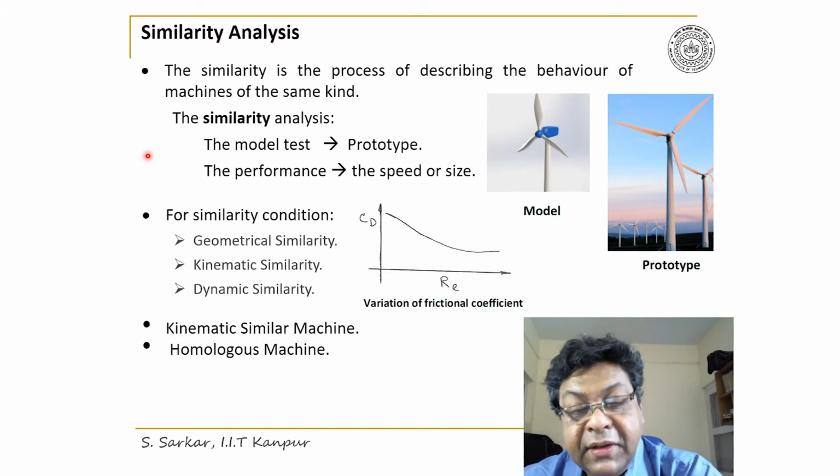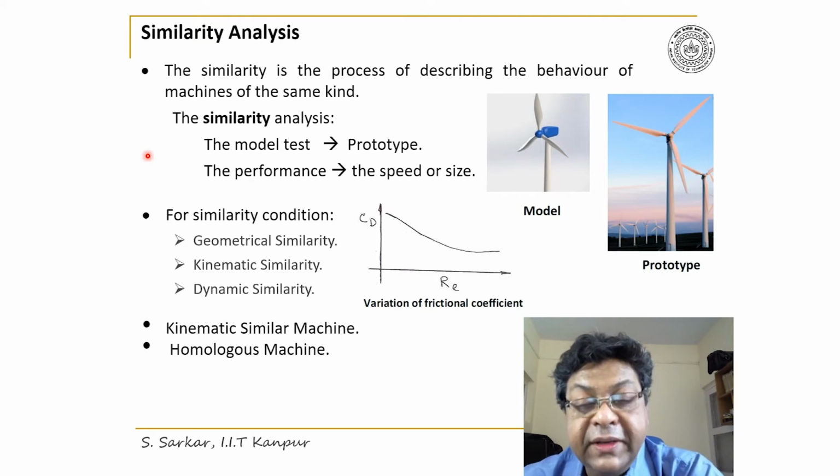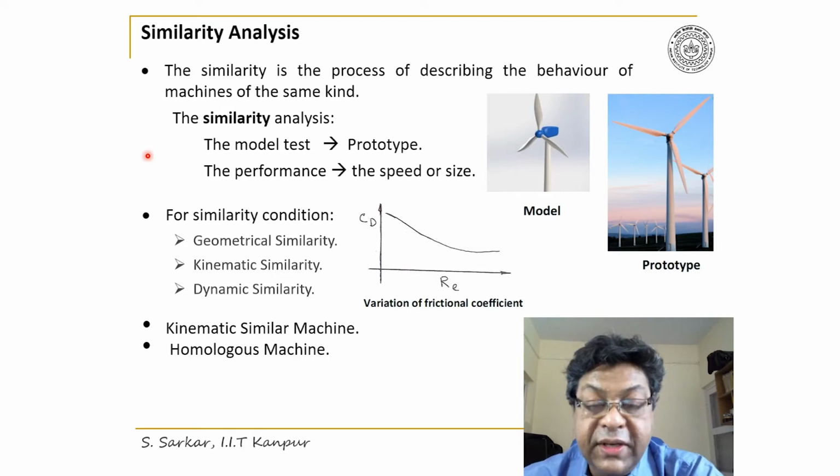In reality, all design activity after analysis goes through the development of a model, testing those models, and then projecting the test result for a prototype. Immediately, we do not land on the development of the prototype. If the characteristics of the prototype are not satisfactory, we go back to the analysis and again carry out the analysis.